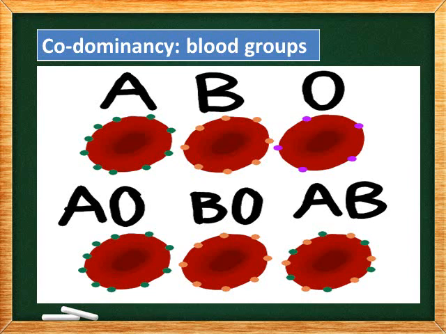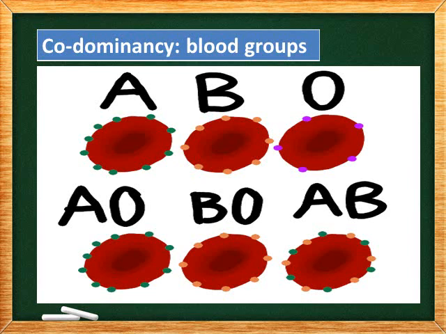B antigens on red blood cells, it's B. No antigen, it's O. When A antigens are found together with B antigens, the blood group is AB. Both the A antigen and the B antigen are expressed.